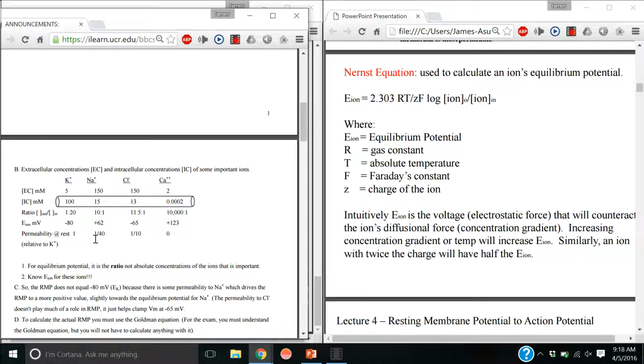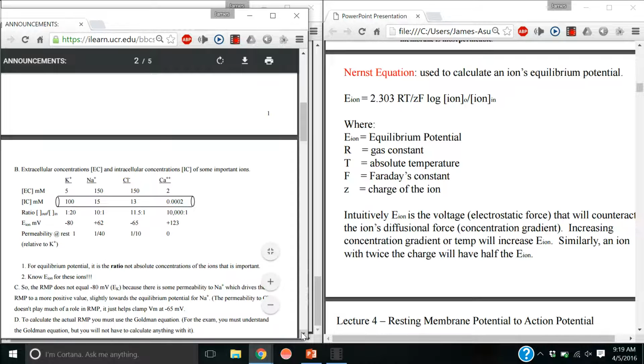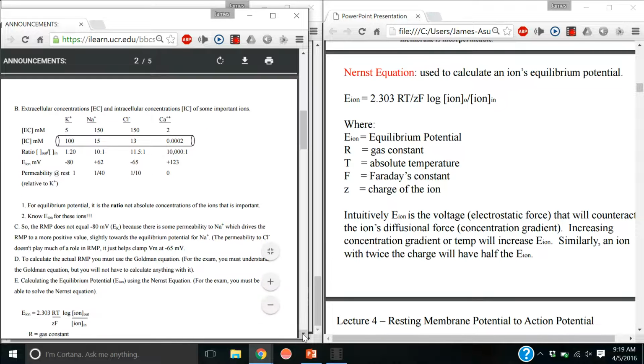And the permeability of chloride at rest is 1/10 of the permeability of the membrane to potassium. And then for calcium, note here you have a divalent cation, so unlike sodium and potassium, which are monovalent cations, this becomes important in the Nernst equation.